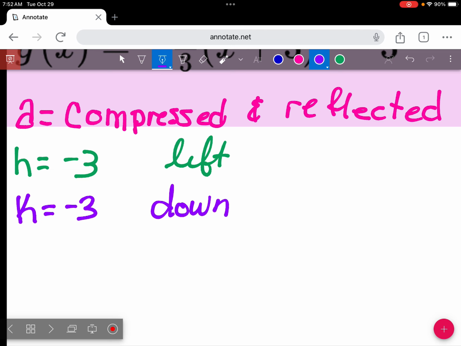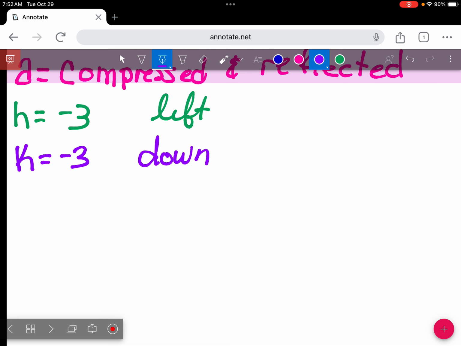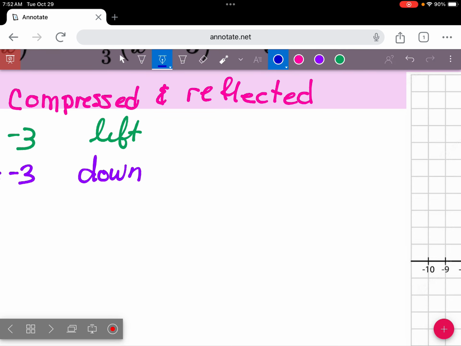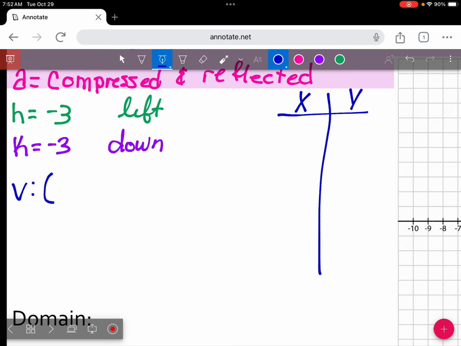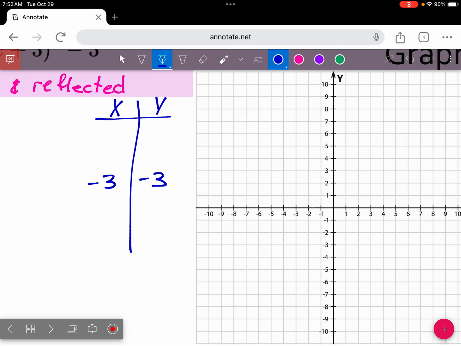So we should have a short, wide, left, down parabola. So where's our vertex going to be? Negative 3, negative 3. So when we're in our table, we're going to put negative 3 in the middle. Negative 3, negative 3. This should be our vertex right here.